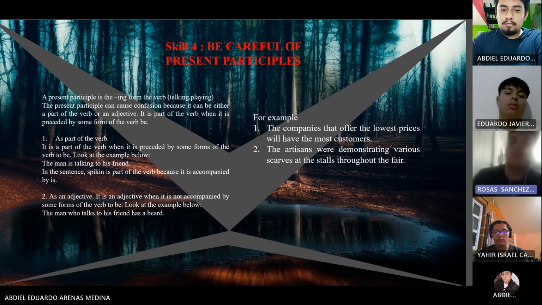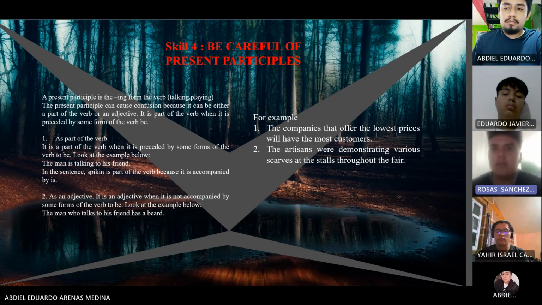Skill four is be careful of the present participle. A present participle is the -ing form of the verbs: talking, playing. The present participle can cause confusion because it can be either a part of the verb or an adjective.